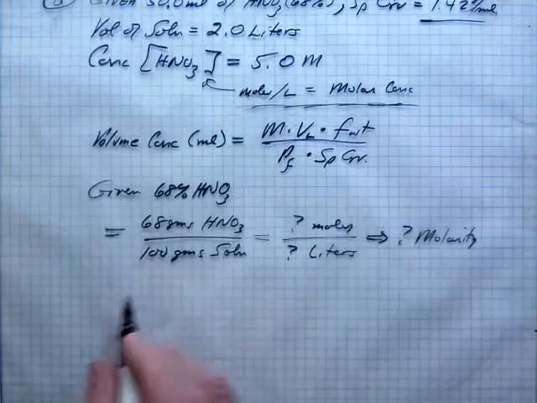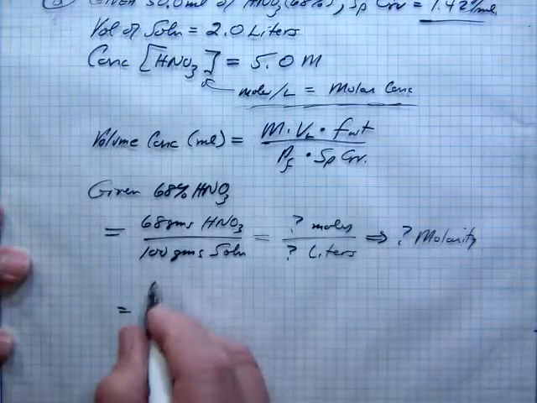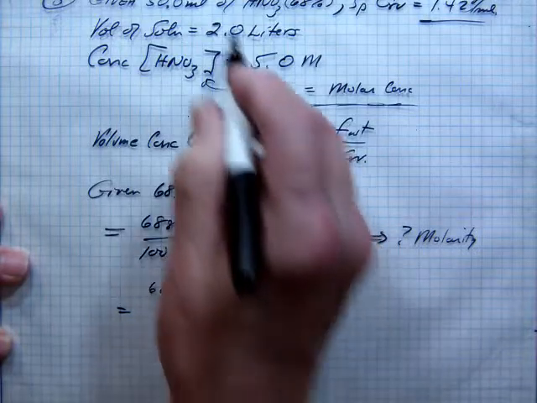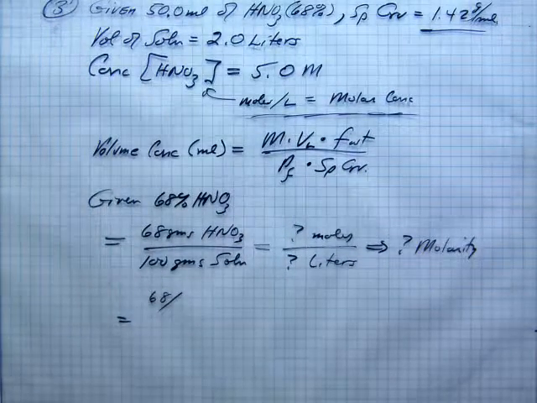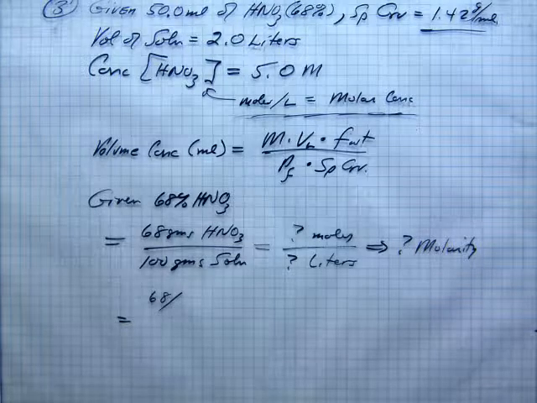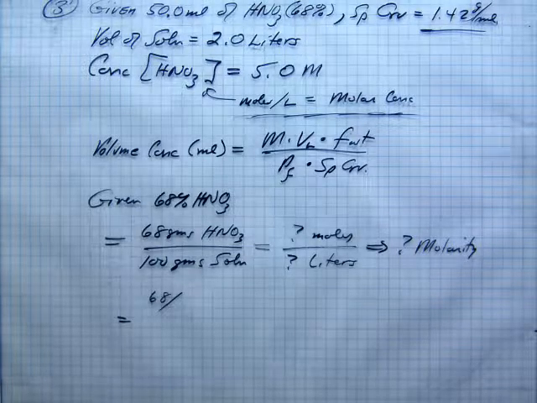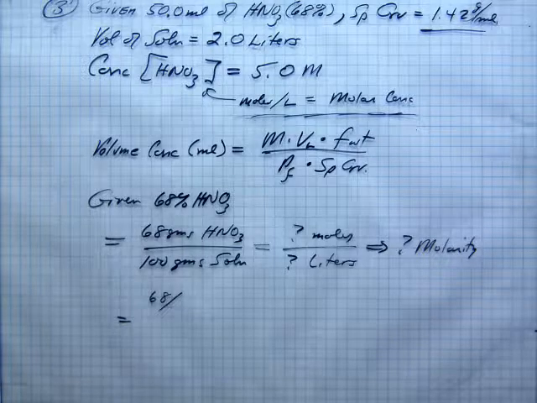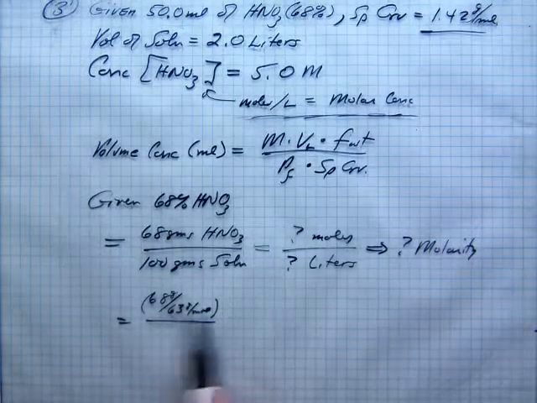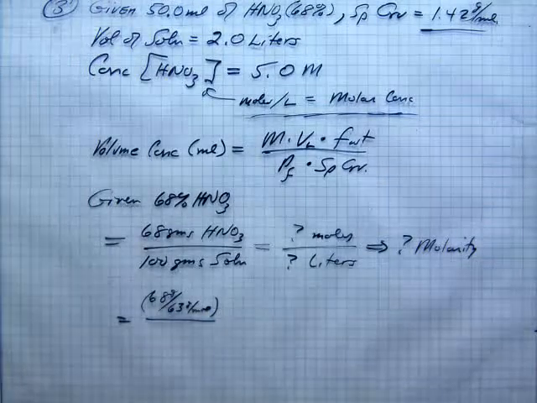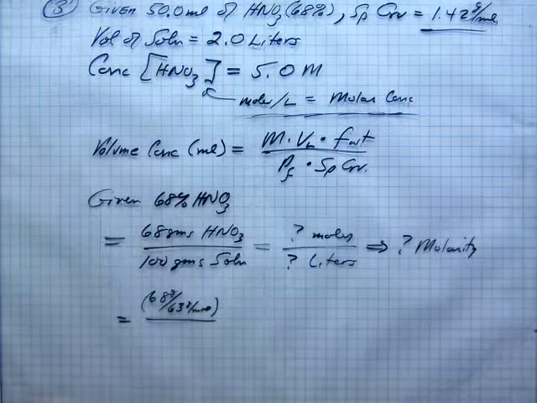So to get this to moles per liter, we have 68 divided by the formula weight, 63 grams per mole, which converts that portion to moles.